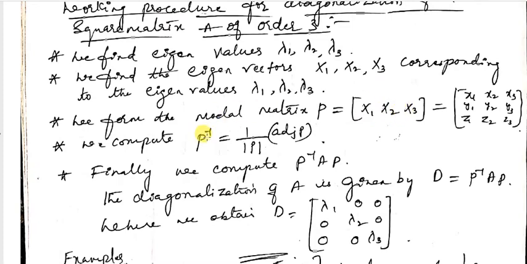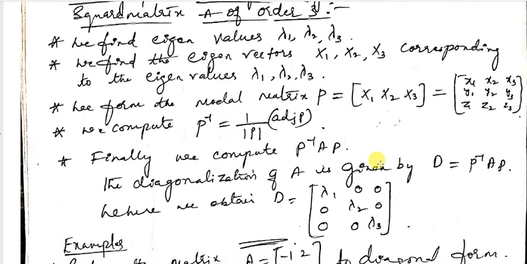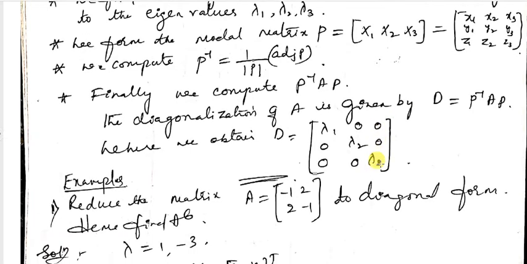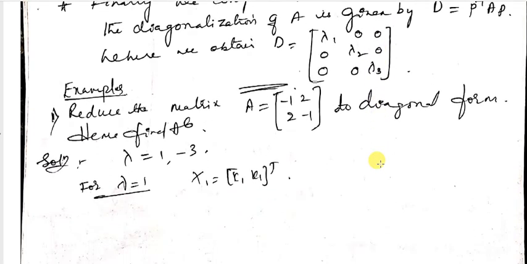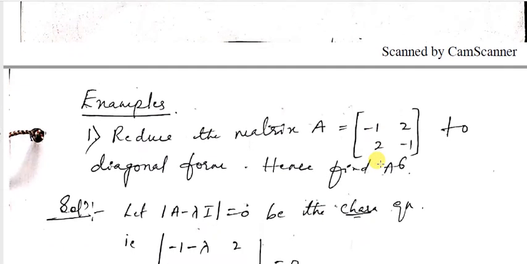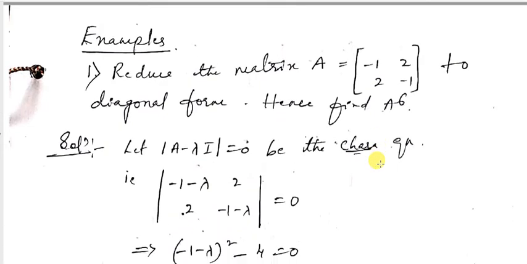Then we have to compute its P inverse, that is P inverse is equal to 1 by determinant of P times the transpose of the cofactor matrix, which we call the adjoint of P. So finally we have to compute P inverse AP, which is equal to D. Then we say that the matrix A is diagonalized. So let us consider some examples.